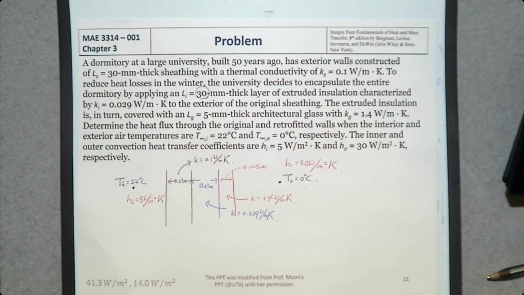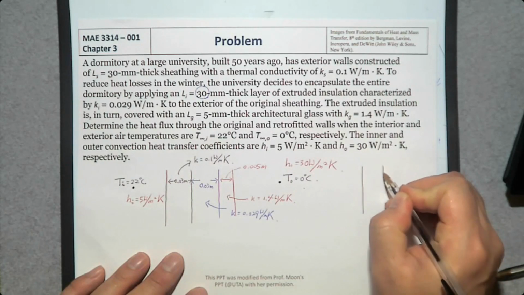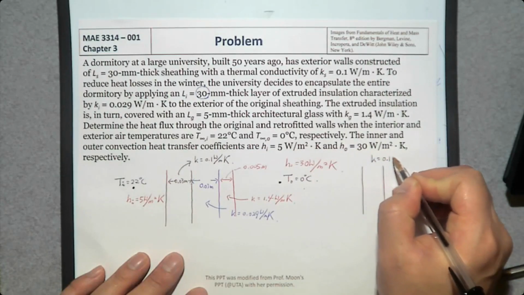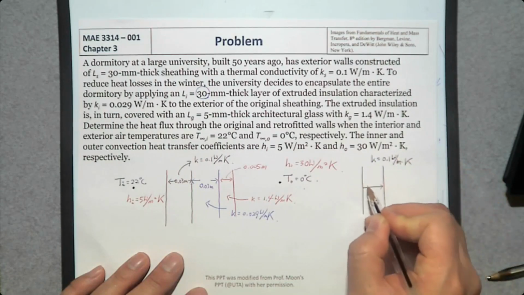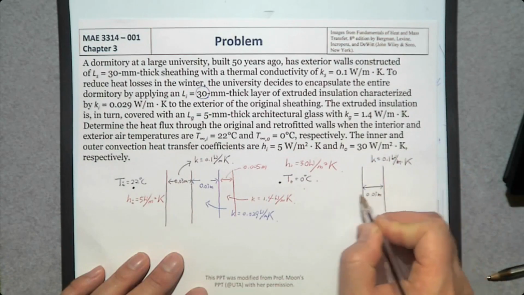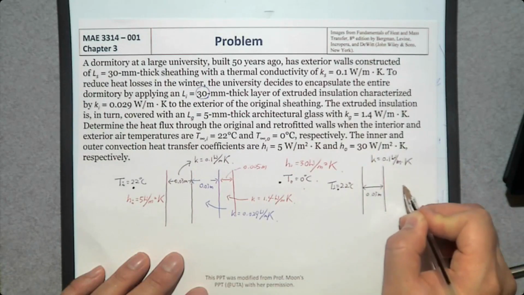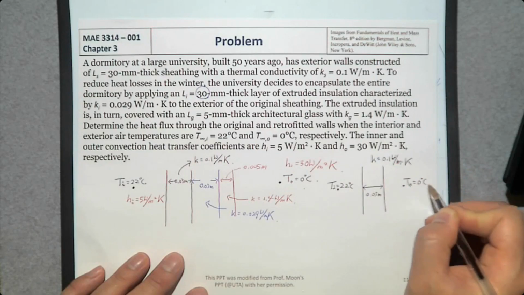So let's calculate the heat flux through the original wall, which has only one layer of solid whose thickness is 0.03 meter, with inner air temperature 22 and outer air temperature 0 degrees Celsius.